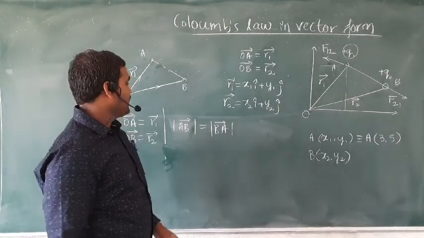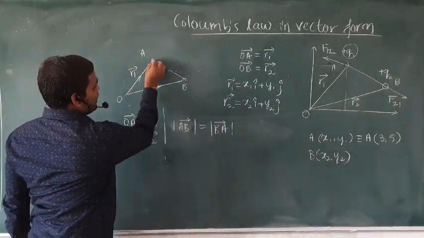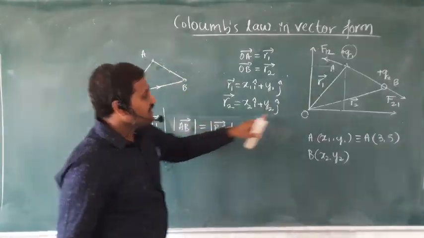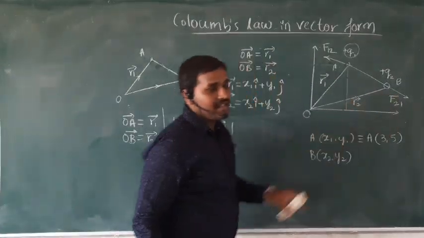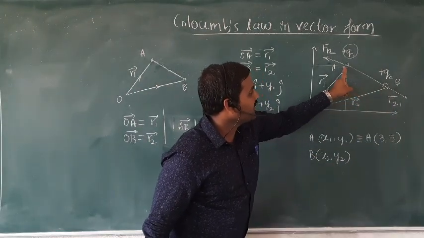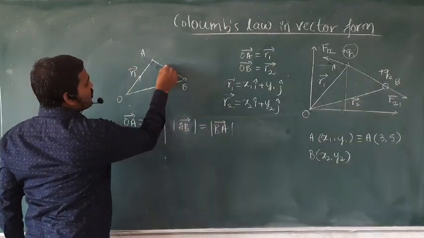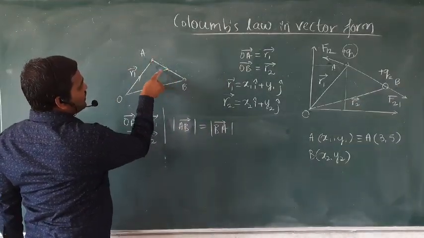Is it clear? Then we shall come back to this triangular law of addition of vectors. Now let us consider F21. This F21 is acting in the direction of A to B. It is moving from A to B, so let us show the vector as AB.